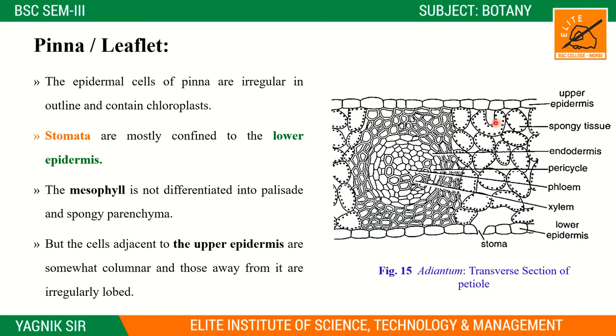Here some cavities are present, right? This is the cavity, right? Between these two cells a small space is present. This is called columnar, a column-like structure, right? These are column-like structures, and some cavities are present and irregular lobes are present on these cells.